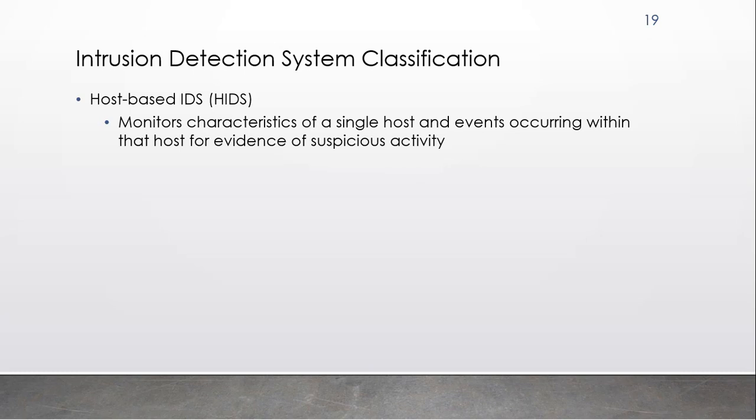We often classify an intrusion detection system based on the source and type of data analyzed. A host-based IDS, or HIDS, monitors characteristics of a single host and events occurring within that host for evidence of suspicious activity.